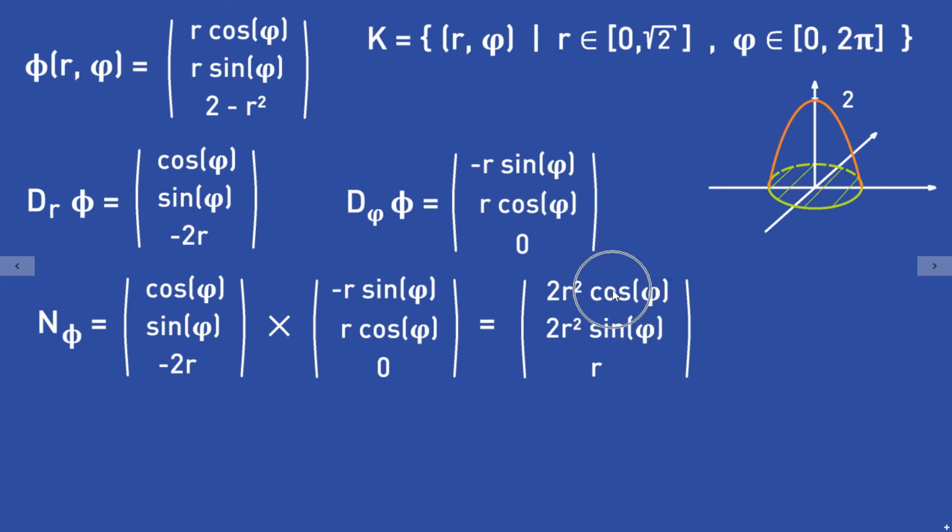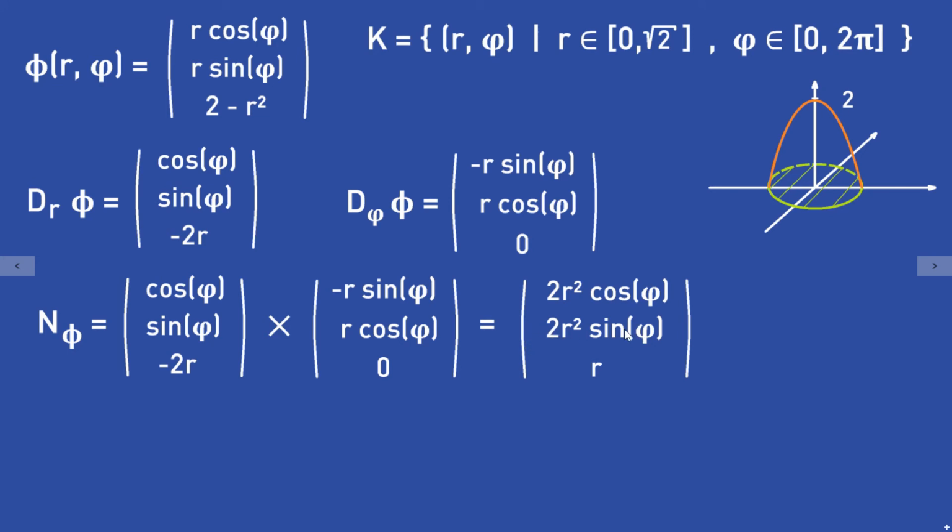For the first entry of the cross product vector, you have to ignore the first line, and then you have to calculate sine of phi times 0 minus 2 times r times cosine of phi, which is 2 times r squared times the cosine of phi.